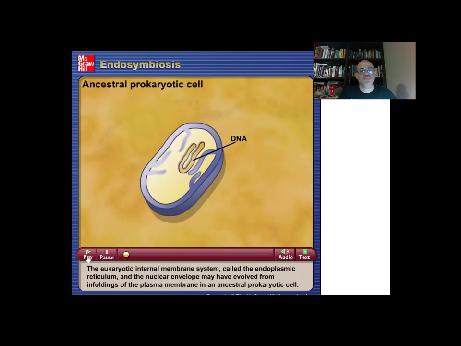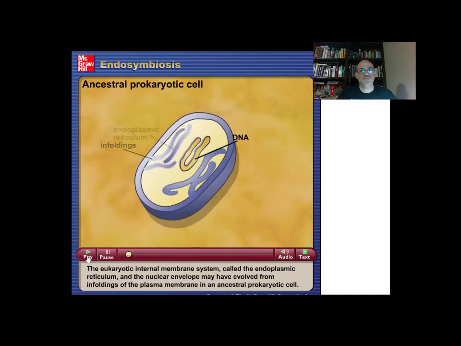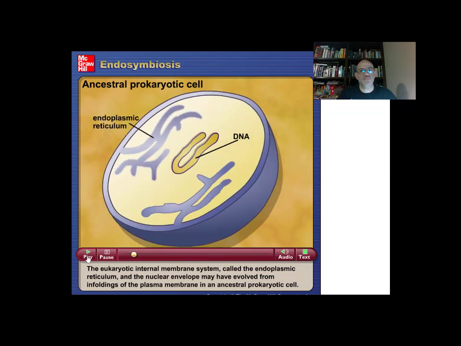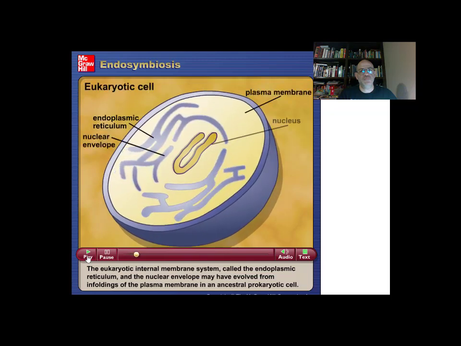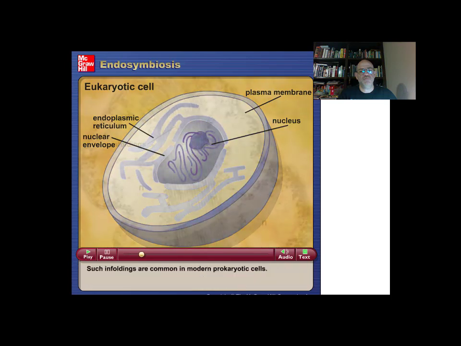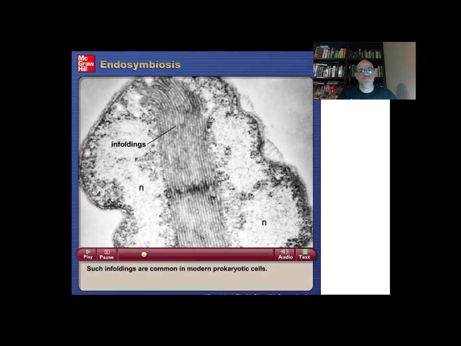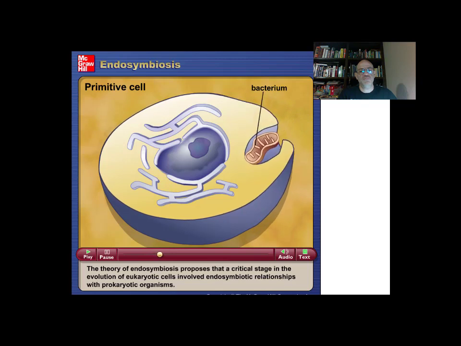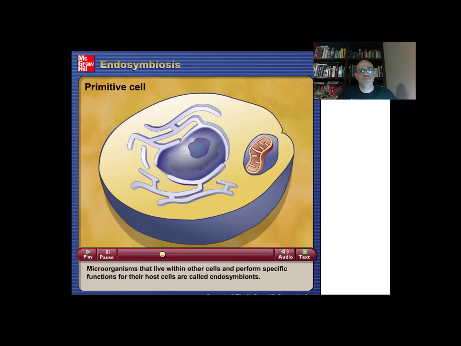The eukaryotic internal membrane system, called the endoplasmic reticulum, and the nuclear envelope may have evolved from infoldings of the plasma membrane in an ancestral prokaryotic cell. Such infoldings are common in modern prokaryotic cells. The theory of endosymbiosis proposes that a critical stage in the evolution of eukaryotic cells involved endosymbiotic relationships with prokaryotic organisms.